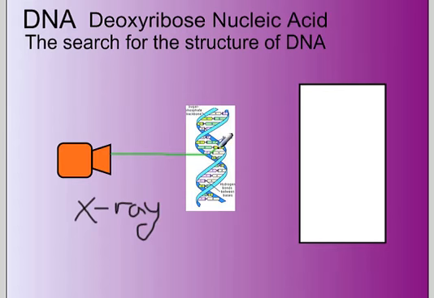That makes it change directions, and it comes over to here, and it makes a little mark on our screen. Shoot another X-ray. It hits another nucleotide, bounces, and puts a little mark on the screen.